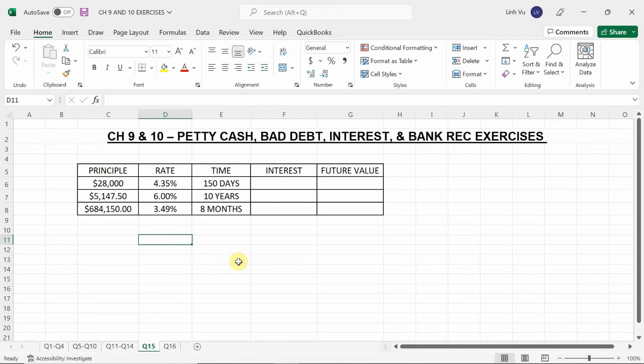Okay, so it's the principal times rate times time. So if you have a principal of 28,000 at a rate of 4.35% for 150 days, how do I calculate 150 days worth of interest?